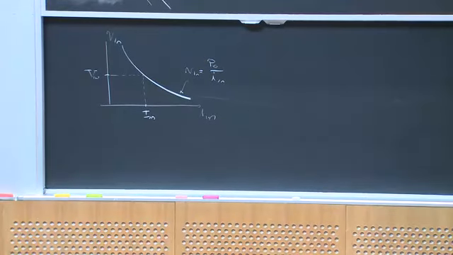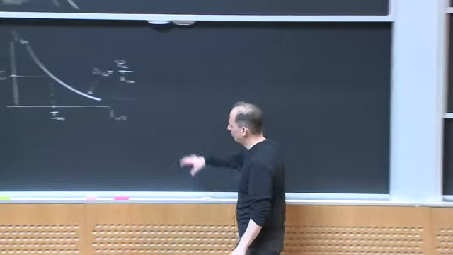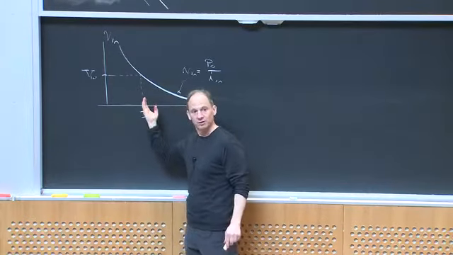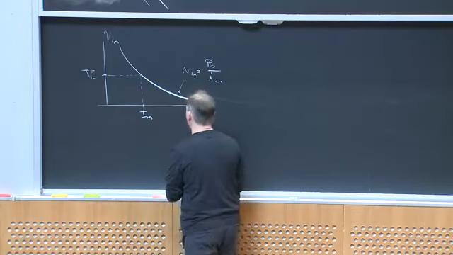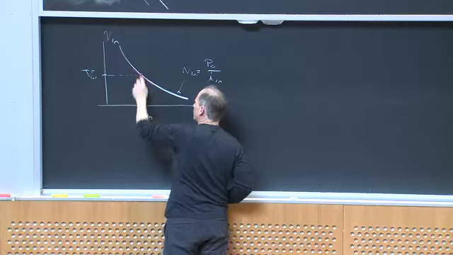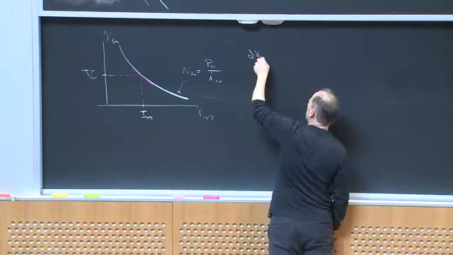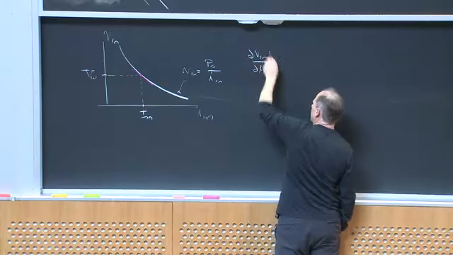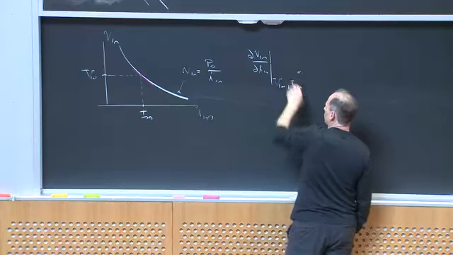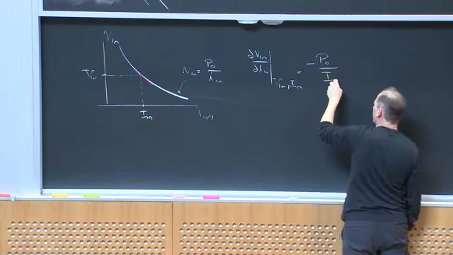So how does this behave for variations? Suppose my input voltage wiggles a little bit. What does my input current do? Well, it's exactly the kind of linearization we did before, right? I can look at what this tangent line looks like, and I can write dVn/dIn evaluated at Vn, In is equal to minus P naught over In squared.